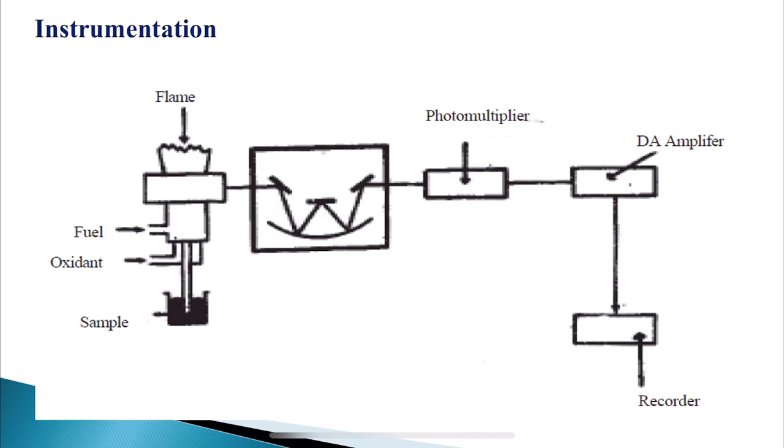The function of the nebulizer is to produce a mist or aerosol of the test solution. This is achieved by drawing up the test solution through a capillary tube. In the flame photometer a capillary tube will be there, and that capillary tube is going to aspirate the solution and move it to come in contact with the flame.